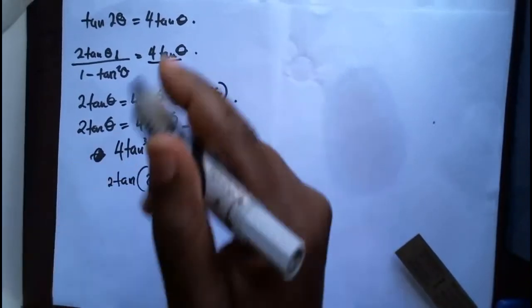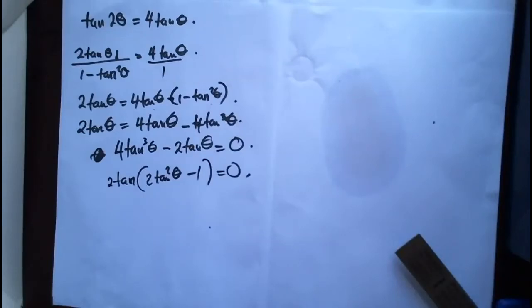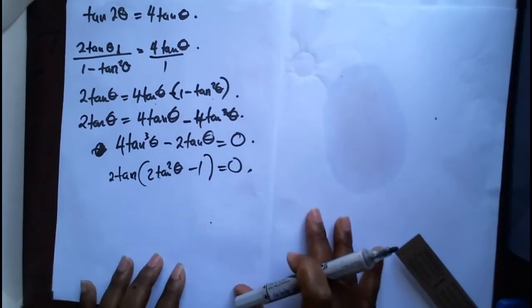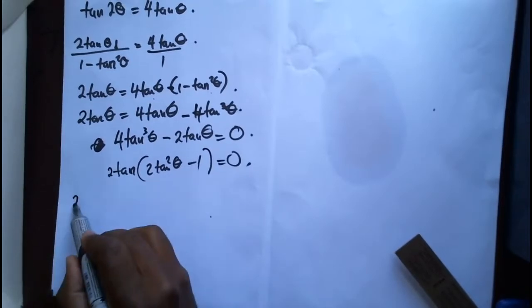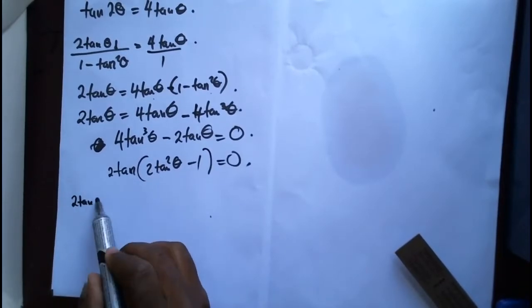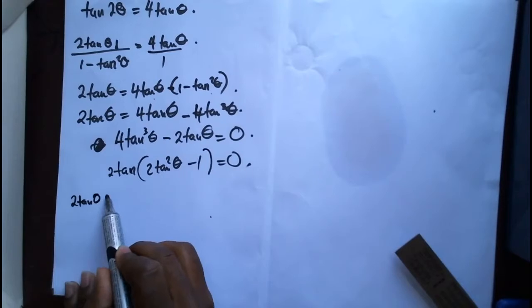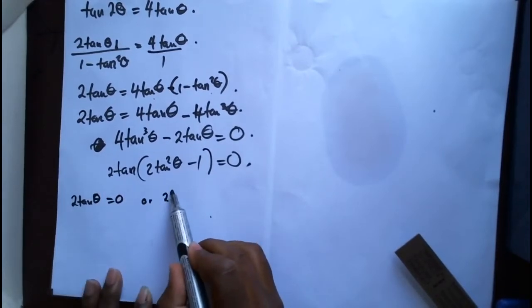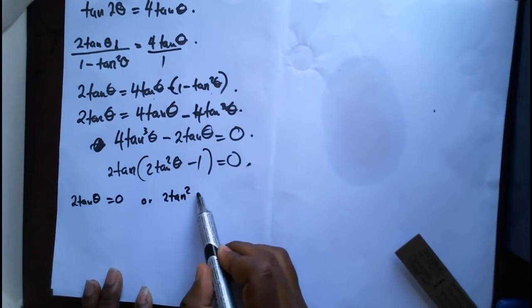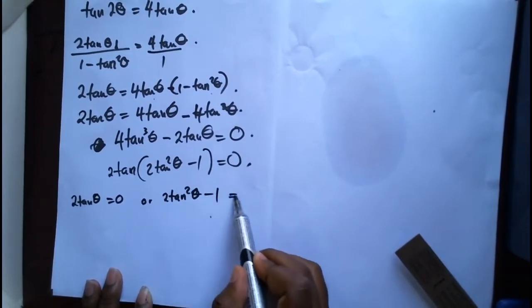If I had left it on the other side, we would have the same scenario we had last time, where we would lose some of our solutions. But in this case, our solutions are all there. So now we can say 2 tan theta is equal to 0, or 2 tan squared theta minus 1 is equal to 0.